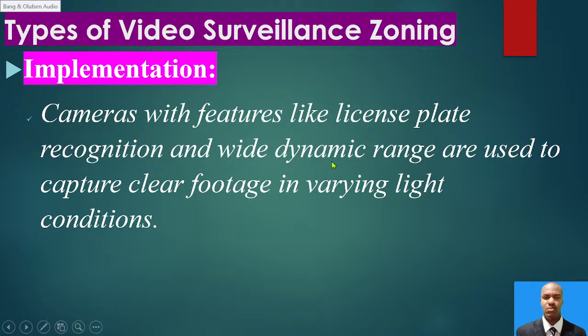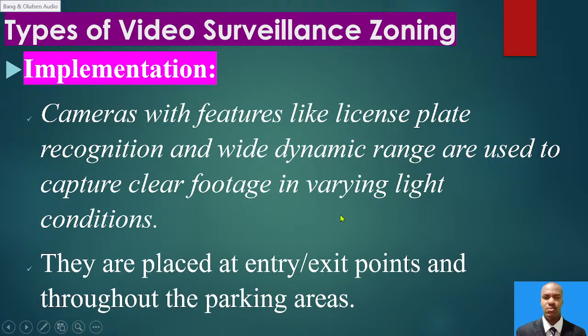They may also have a wide dynamic range and be able to recognize the vehicle's model, and then maybe if it is intelligent enough, it can also tell, other than the vehicle model, the manufacturer of the vehicle. They are placed at entry and exit points and throughout the parking areas.